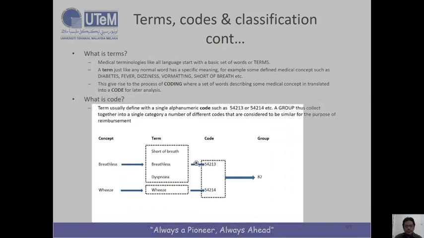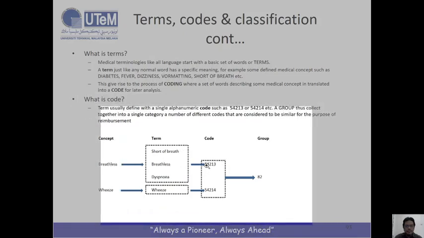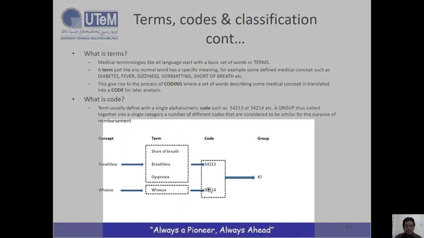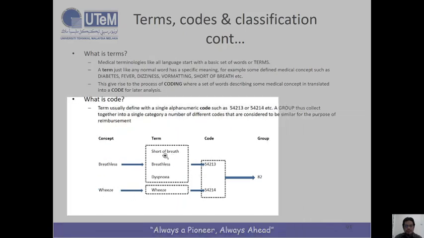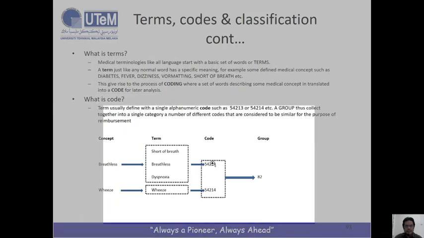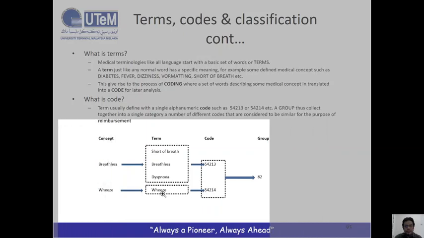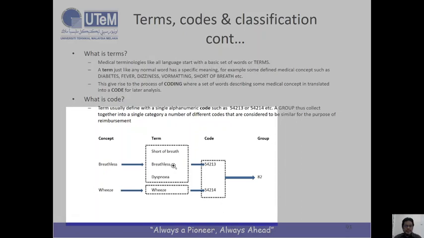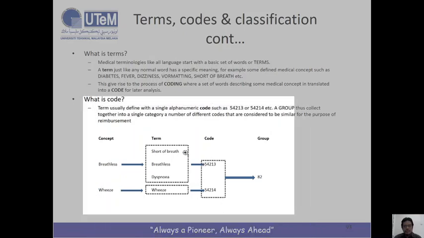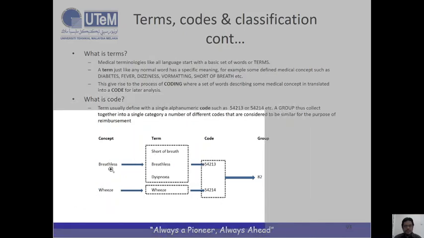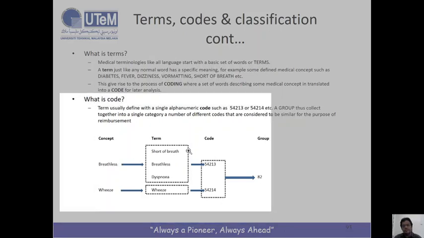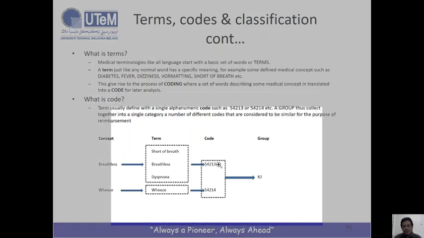So breathless is 54, wheeze is 54, the concept is breathless and wheeze. 54214 is wheeze. So short of breath, breathless, and dysphonia are under breathless. So we can categorize this term under breathless. So the code is 54213.